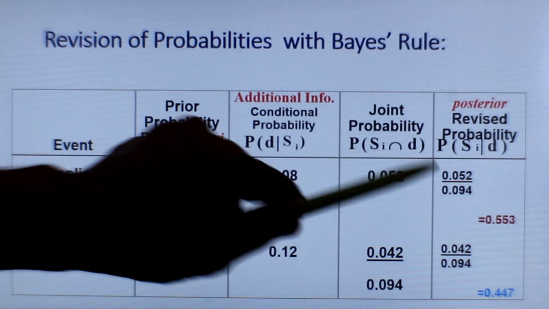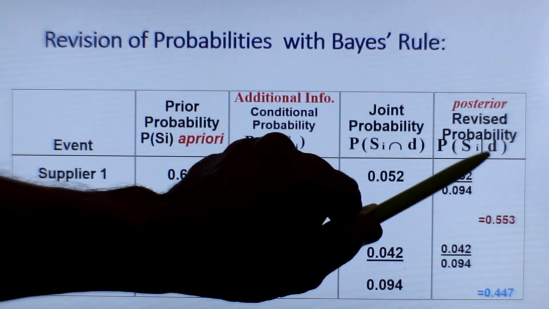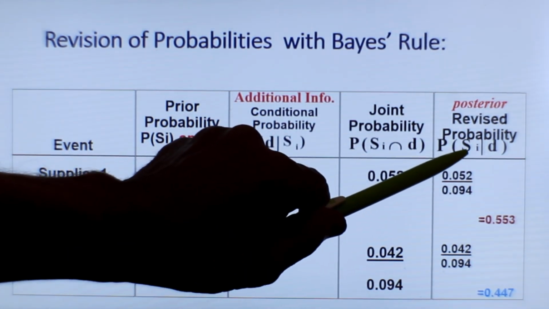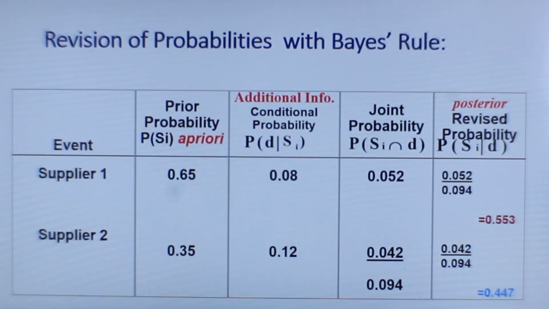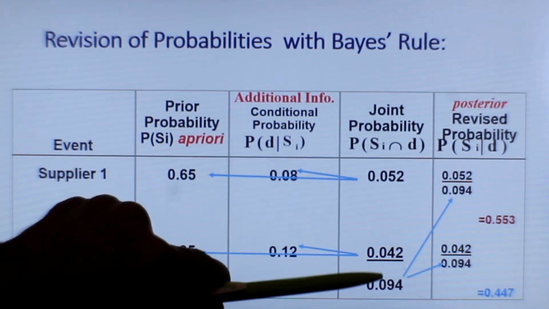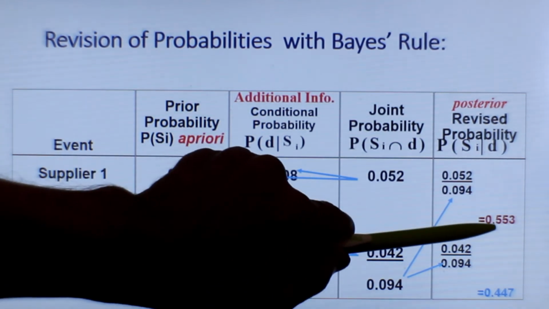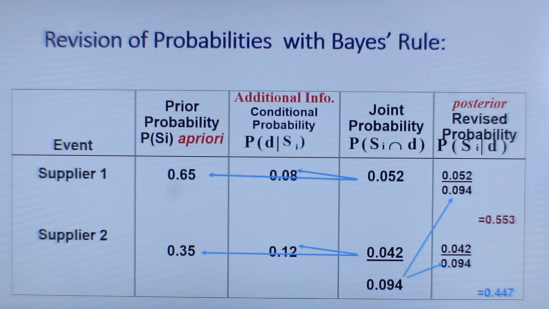That is a conditional probability: having found a defect, how likely is it from S1 and how likely from S2, and that is given by this divided by this, which will give you 0.553, and this divided by this gives you 0.447.